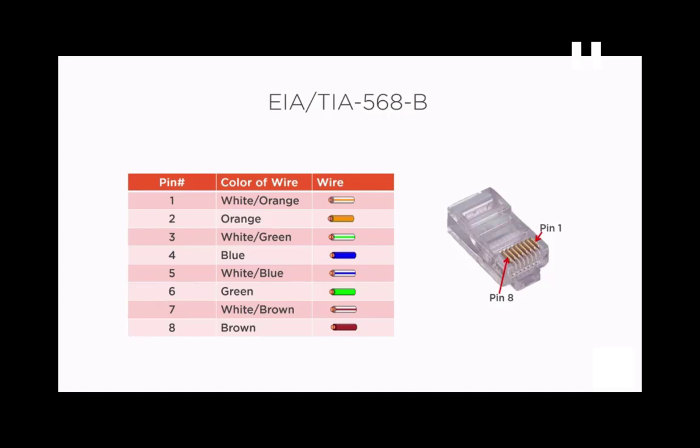On pin 1 we always use white orange, then orange, then white green, then blue, then white blue, then green, then white brown, and finally brown. Basically, network technicians use this whenever they create any RJ45 connector. This standard is called EIA-TIA 568-B.